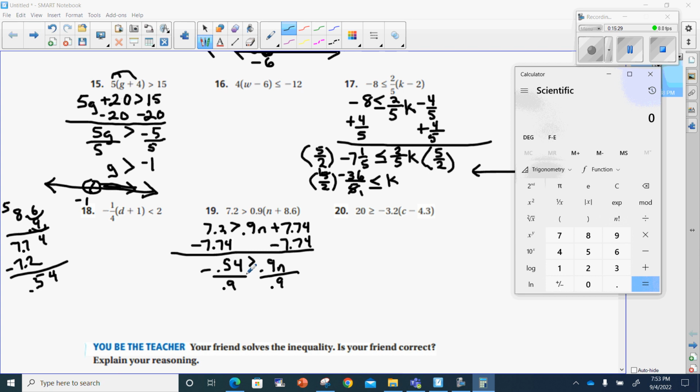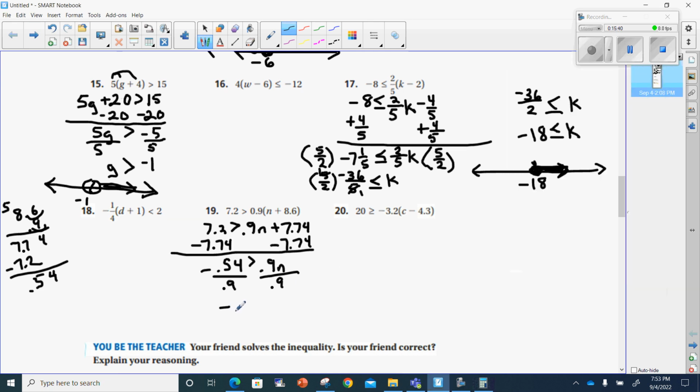And let's see, 0.54 divided by 0.9. That gives me 0.6. So this would be a negative 0.6. And remember, we divided by a positive number here, not a negative number. So our symbol stays in the same direction, and n is over here.